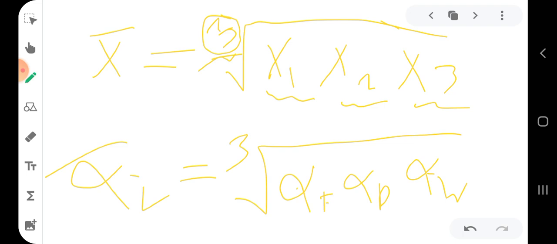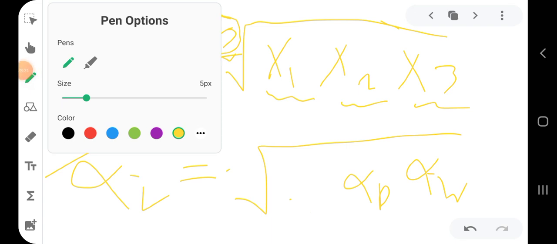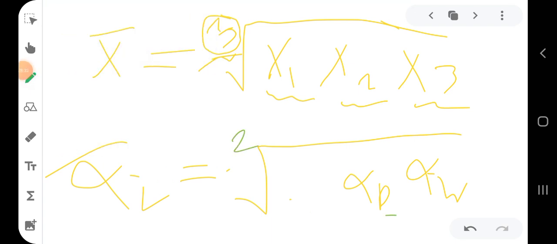Suppose you don't have information about the relative volatility at the feed. Then rather than the cubic root, it will be just a normal square root, because you have only 2 values. That's what you call the geometric average, and it's usually used to obtain an average value for the relative volatility that we are going to use in the calculations.